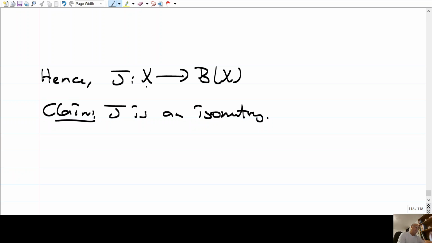So if I have 2 points, then their images here are 2 points, and the distance between the 2 points of X is the same as the distance between the images of those 2 points in Bx. So that's my claim, and this can be done as follows.